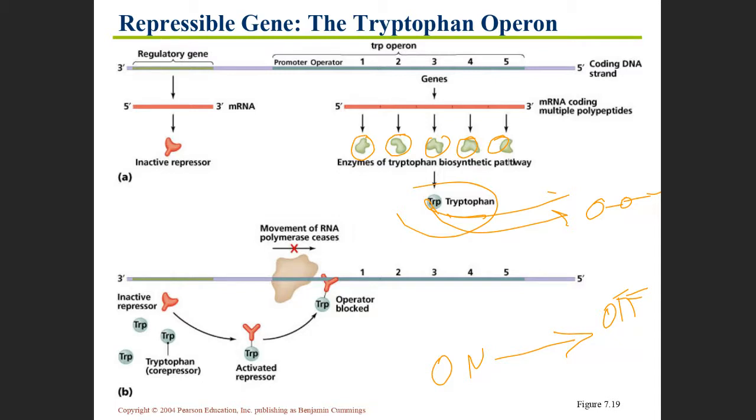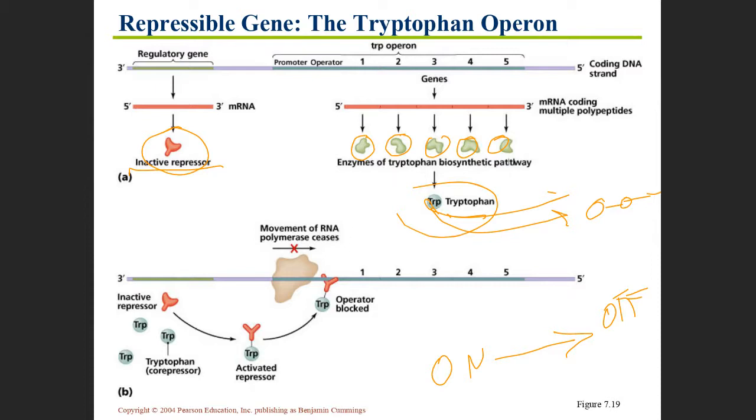Okay, there is a repressor protein that is laying around, but it's inactive. So it's always out there, but it's not working because it's in an inactive form. What activates that inactive repressor is tryptophan. But tryptophan is never around because it's always being used. So the minute it's made, it's being used, so it's being removed. So it's never hanging out.